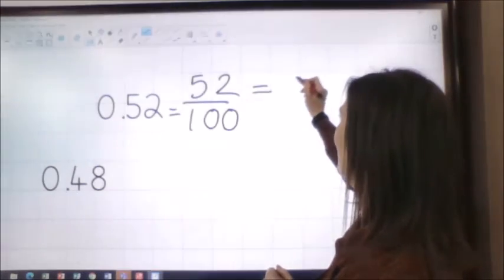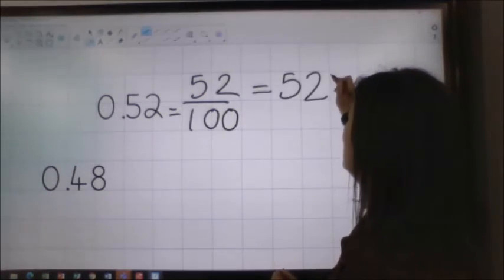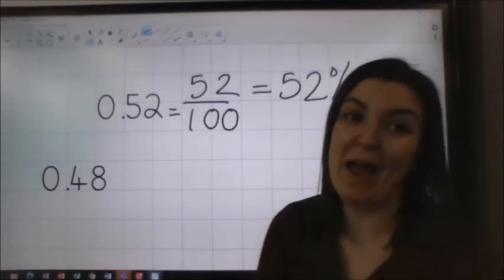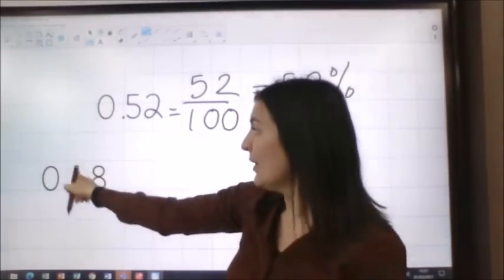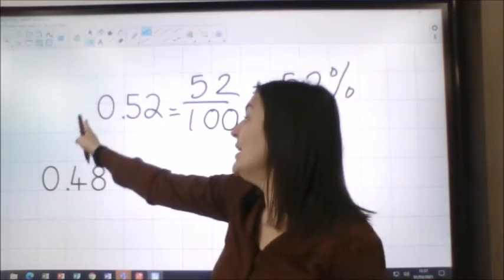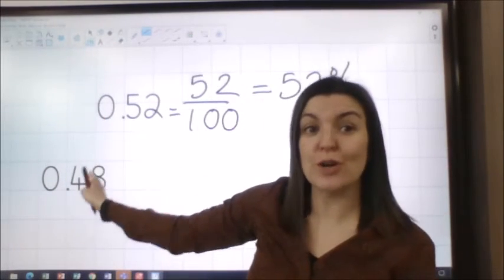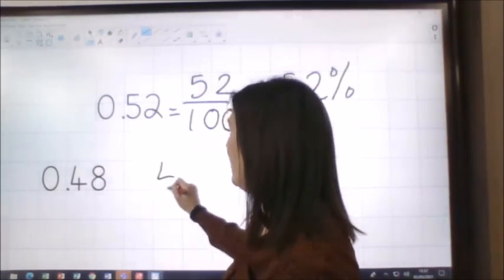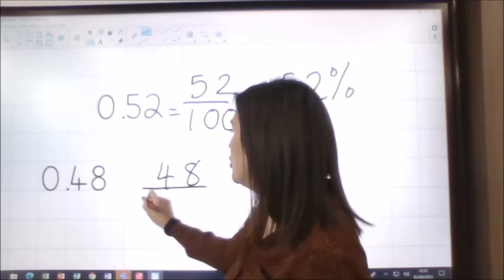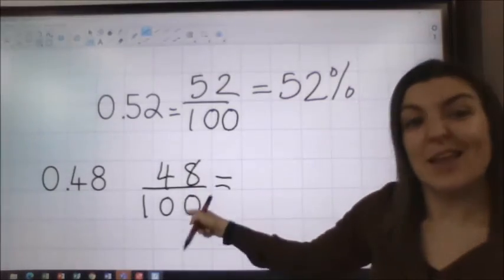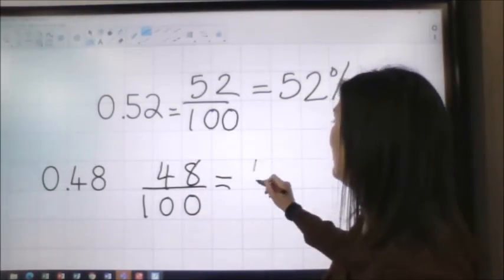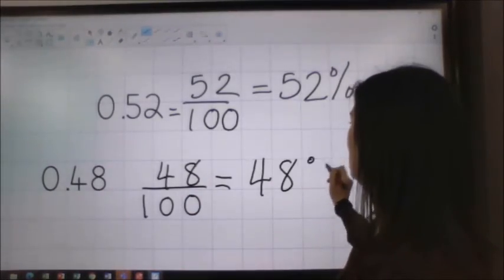So I know lots of you will have said 52%, and you would be right. Okay, so having a look at this one then. So remember, because we've got tenths, we've got hundredths, this would be 48 hundredths. And then as soon as it's out of 100, we can write the percentage.